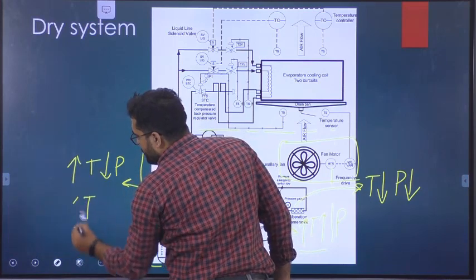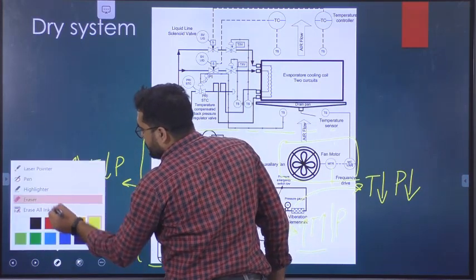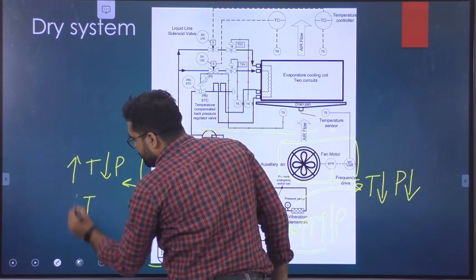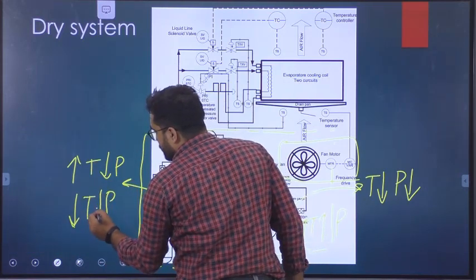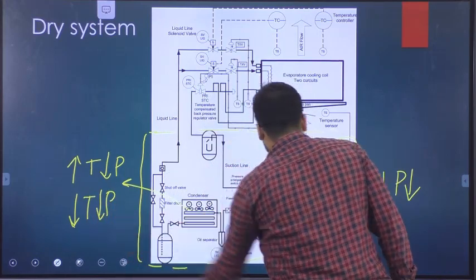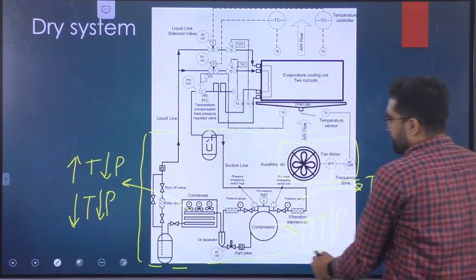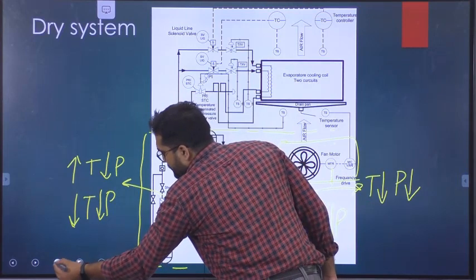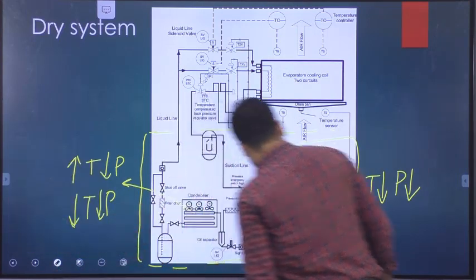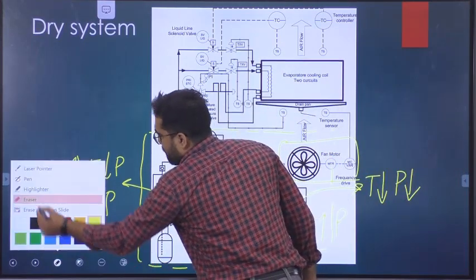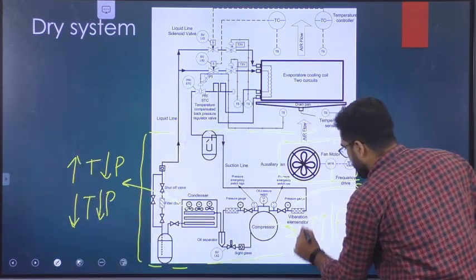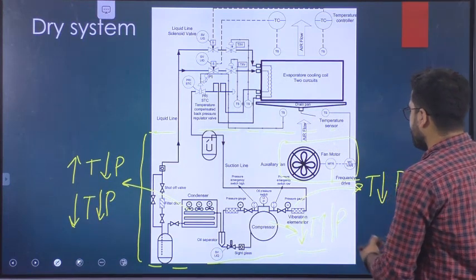This condenser will reduce the temperature of the system, and it will supply to the compressor. So the refrigerant will have low temperature but high pressure.